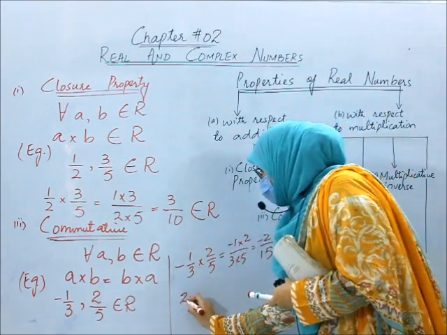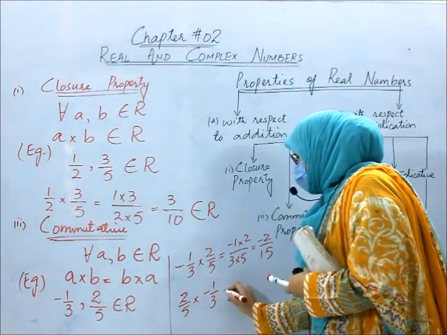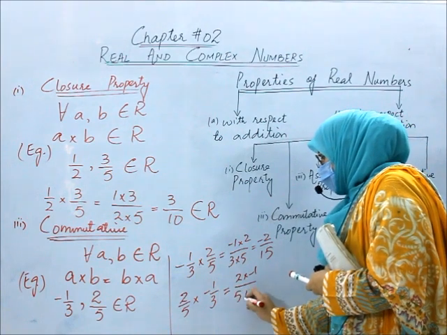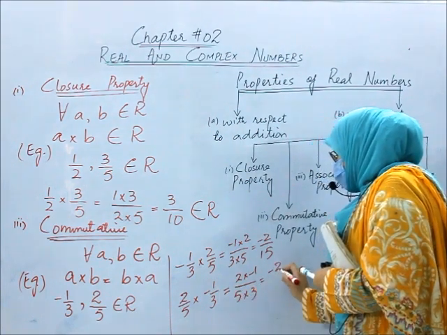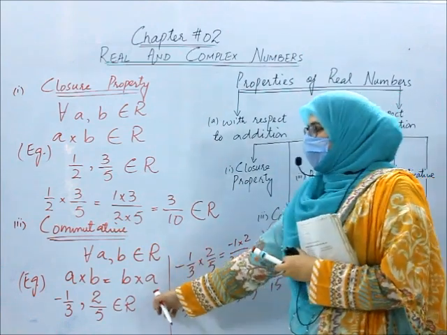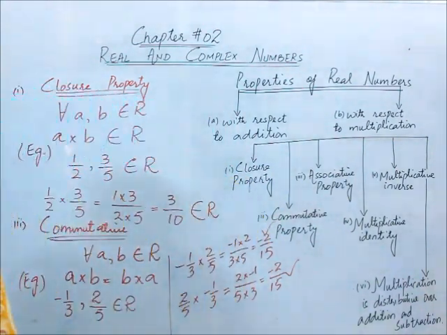That is 2 by 5 multiplied by minus 1 by 3. Our answer would definitely remain same. That is minus 2 over 15. So order does not matter in multiplication as well. This is the commutative property with respect to multiplication.